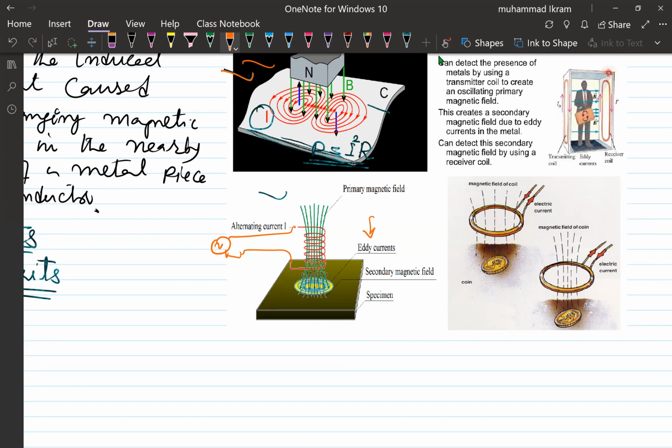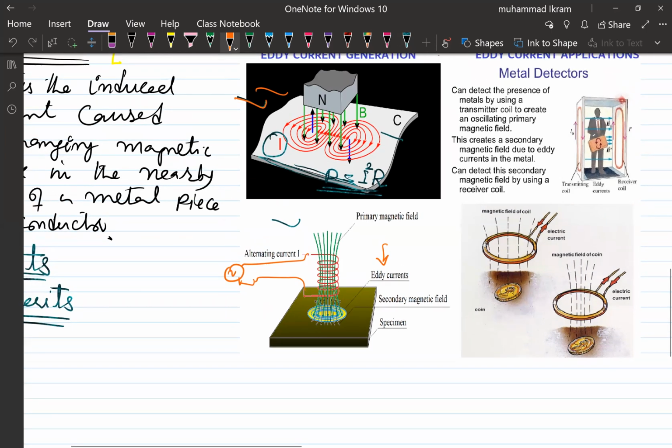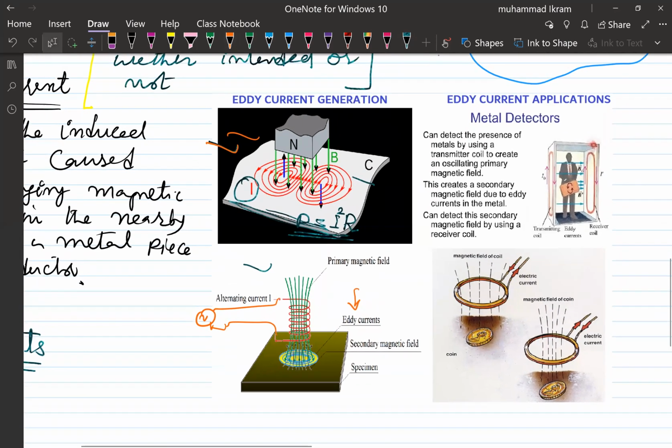And this will produce a secondary magnetic field. Why? Because there is induced current, and induced current would cause a secondary magnetic field which would oppose the primary magnetic field, right? And this effect can be used in many applications.